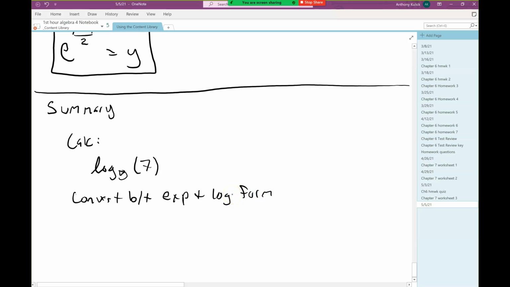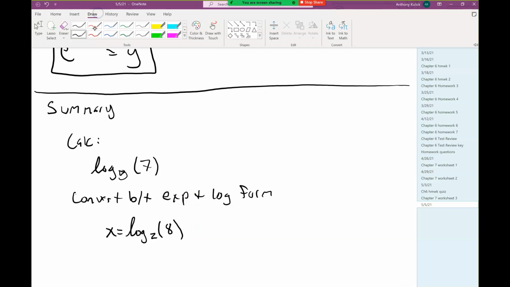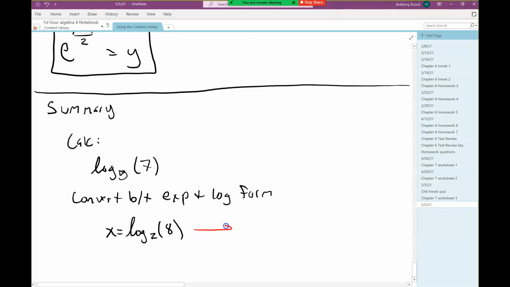I'm going to ask you to convert between exponential and logarithmic form. So, for example, if I have x equals log base 2 of 8, you should be able to rewrite that in exponential form, saying 2 to the x is equal to 8.